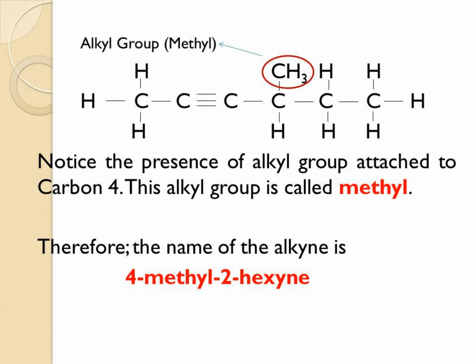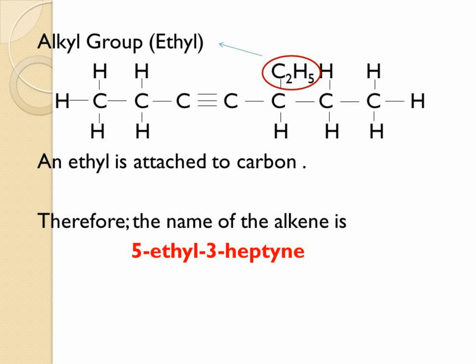Another example, here you can see that the alkyl group attached to our parent chain is the ethyl. The ethyl or the C2H5. Okay? Now, the parent chain consists of how many carbons? 1, 2, 3, 4, 5, 6, 7. 7.